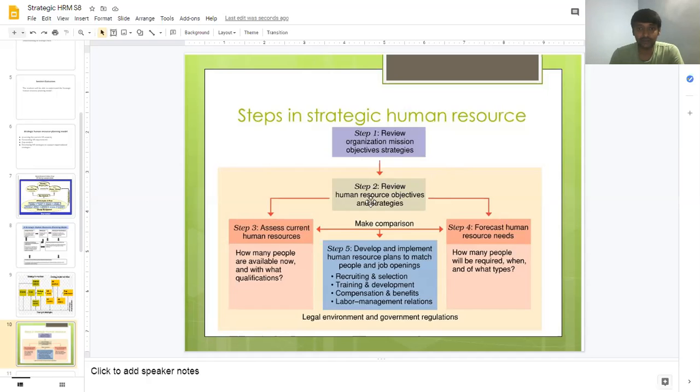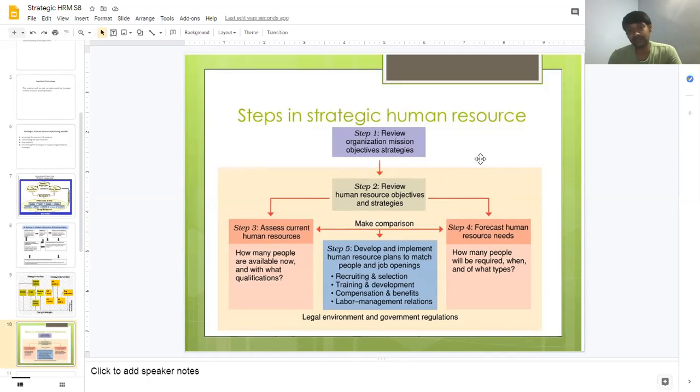Later, it leads to the review of human resource objectives and strategies. Once the vision is set, it comes to the objectives: what are the roles, responsibilities, or duties to be performed at the organizational level? He has to understand. Later, it leads to 2 important parameters: one is assessing current human resources and the other is forecasting human resource needs.